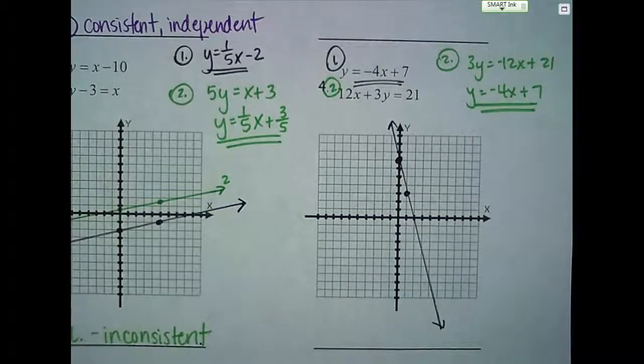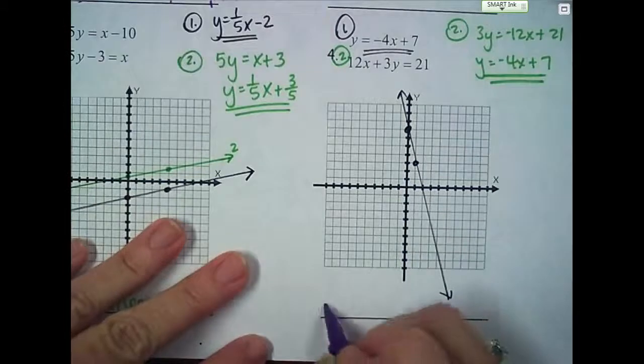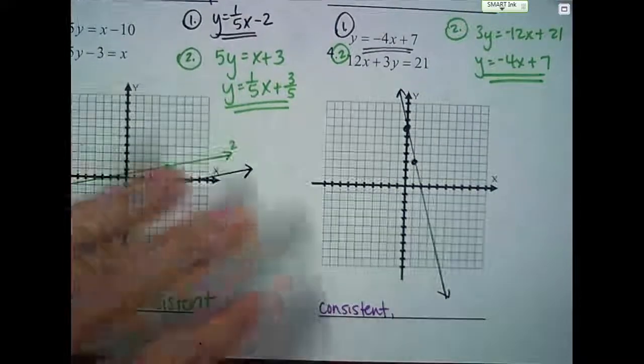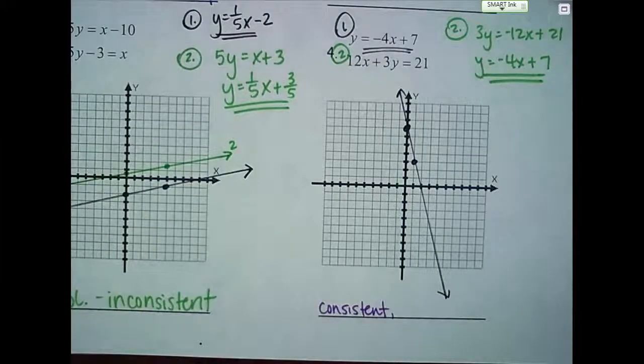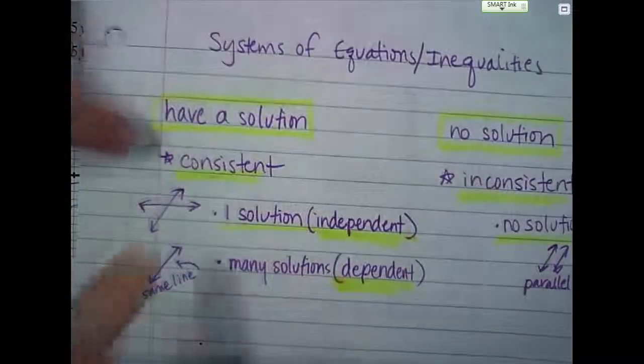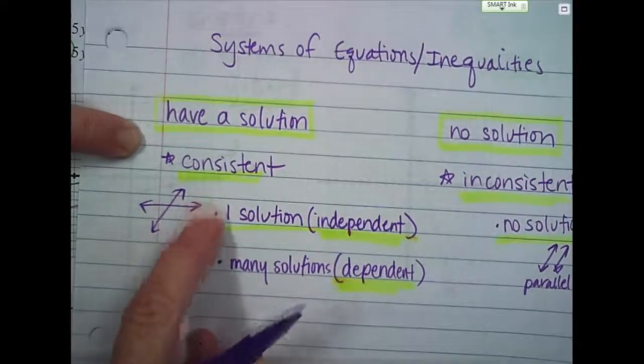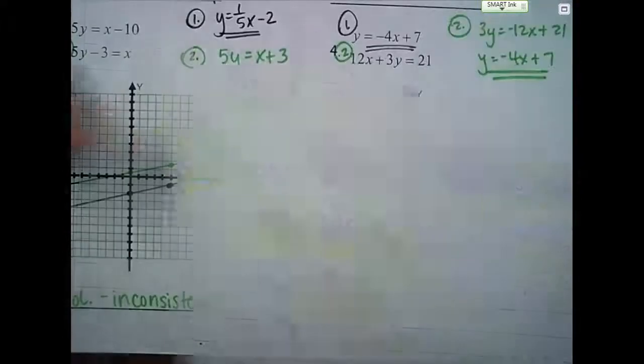Does it have an answer? Yes. So we're going to call it consistent. Is it dependent or independent? Remember, if you look back at your notes, if we're consistent, we're either independent or dependent. Which one are we if we're the same line?